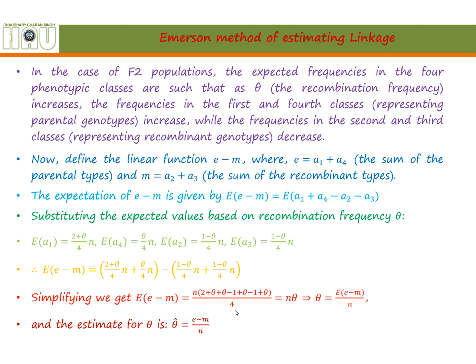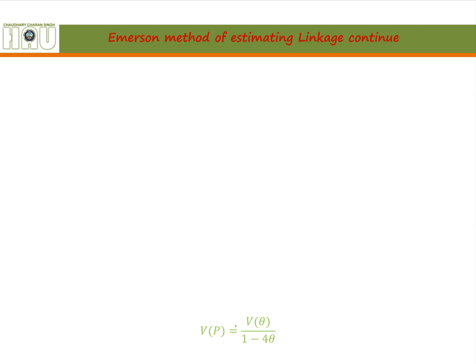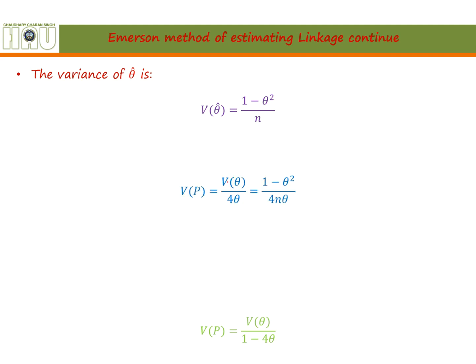And we can find out now the variance of theta cap. The variance of theta cap is nothing but 1 minus theta square upon n. And the variance of p, we already calculated, is variance of theta upon 4 theta.